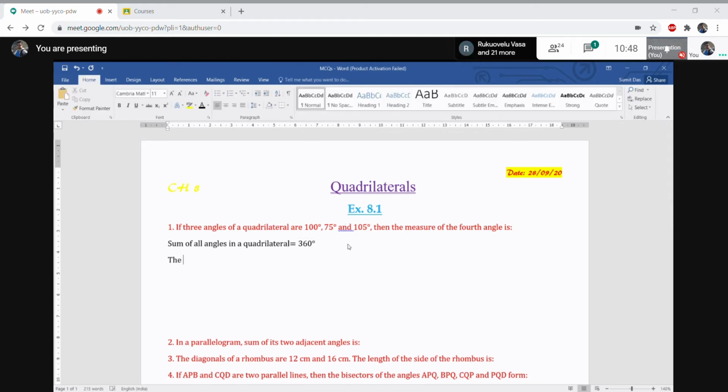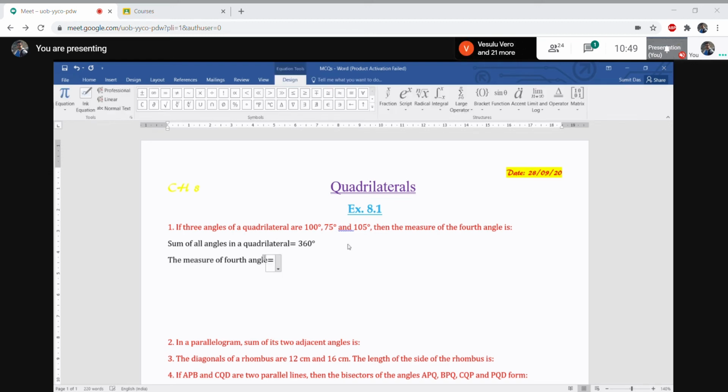Therefore, the measure of the fourth angle is equal to 360 minus the sum of all the angles, so 100 plus 75 plus 105 degrees.